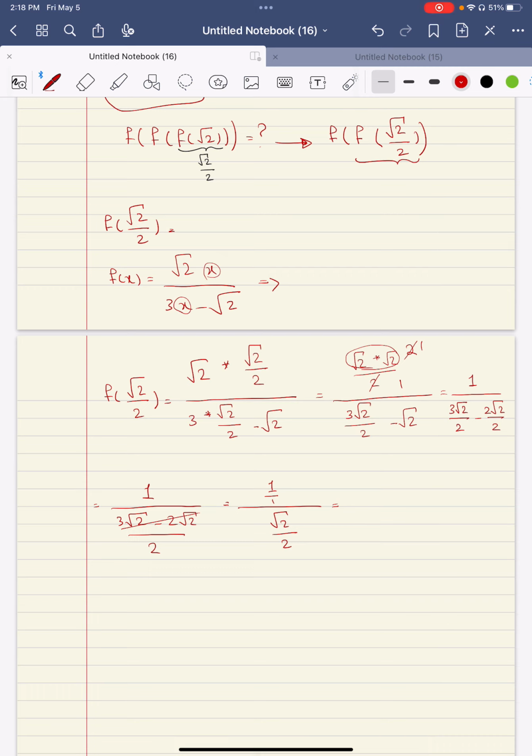So it will be, this goes up, this goes here, 2 over root 2.